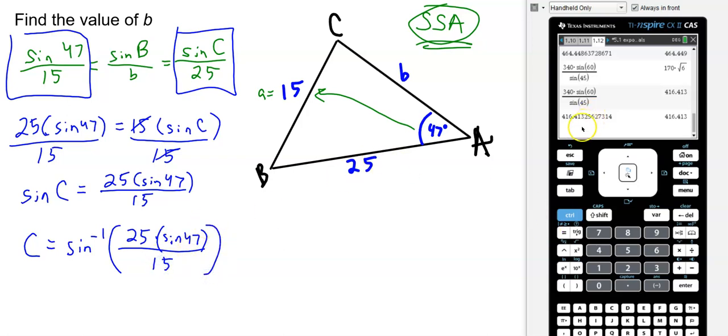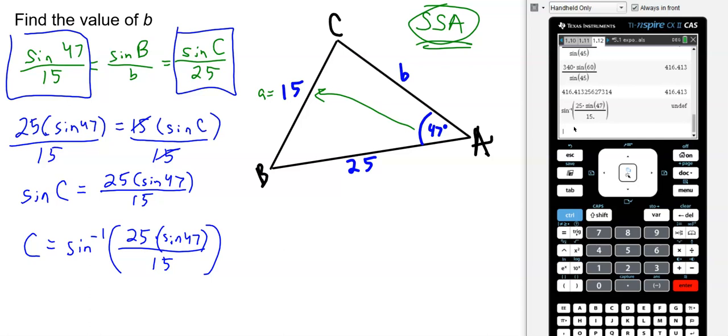Let's type this in on the calculator. Hit the trig key, inverse sine is right there. 25 times sine of 47 all over 15. I'm going to put a decimal point because I want a decimal answer, and big reveal, did I type it right? I think I did. Oh no.